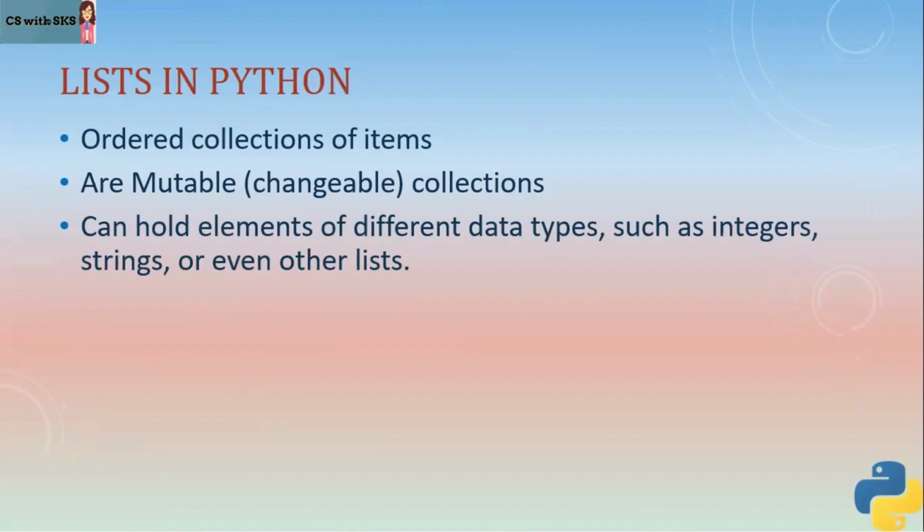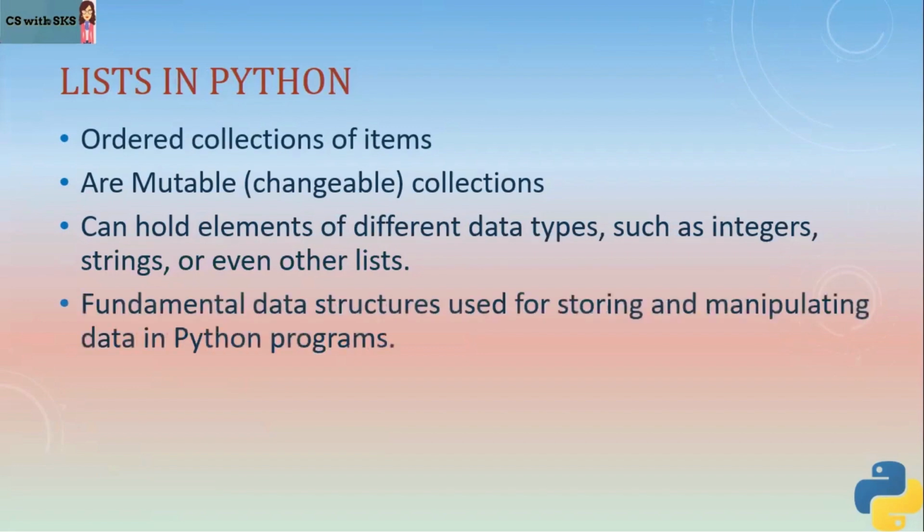Lists can hold elements of different data types. So in one place, you can save integers, strings, even other lists, floats, different data types. You can make a collection and store at one place, and they all are ordered and mutable, means you can change that also.